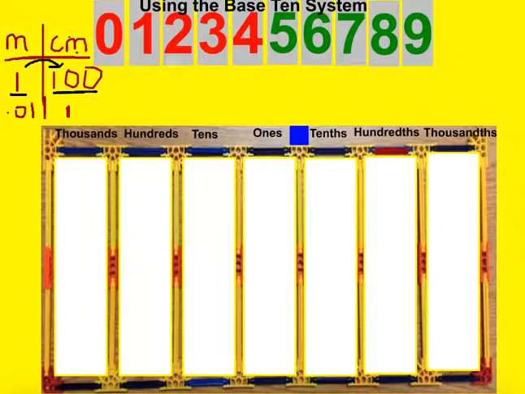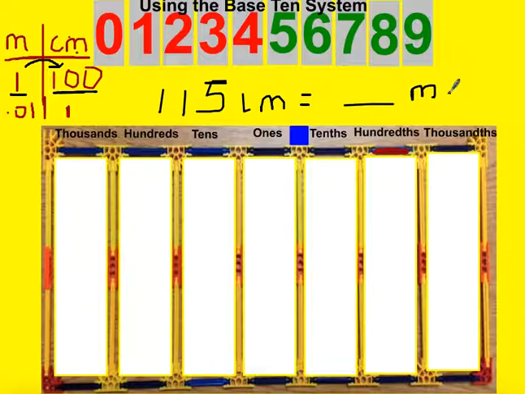Where it gets a little trickier is if I ask a question like 115 centimeters is equal to how many meters? This is a little trickier, but the first thing you need to do is think about common sense here.